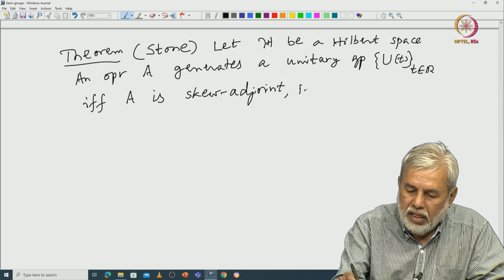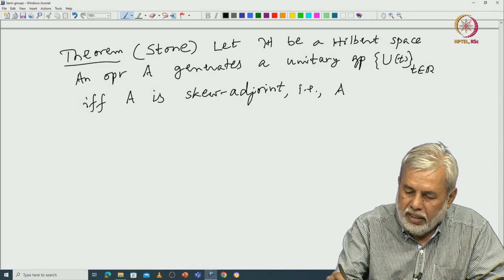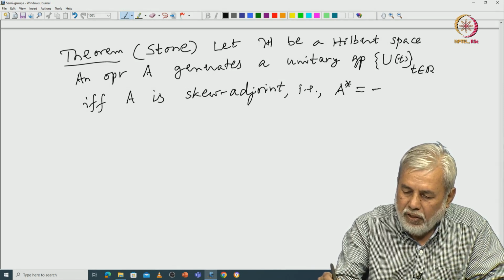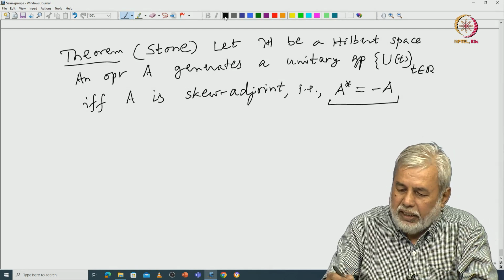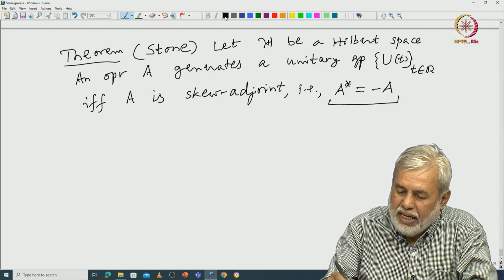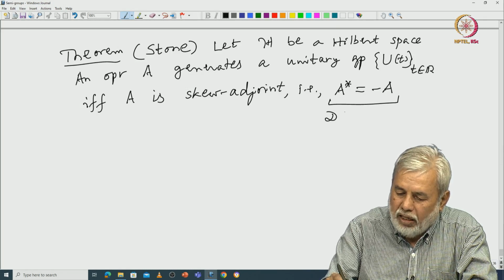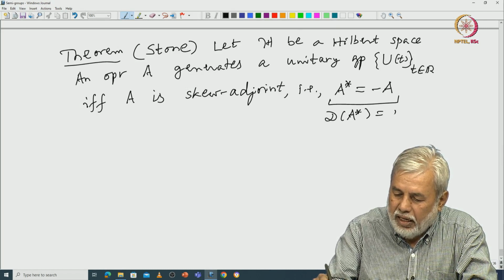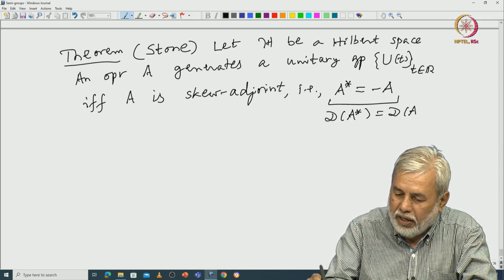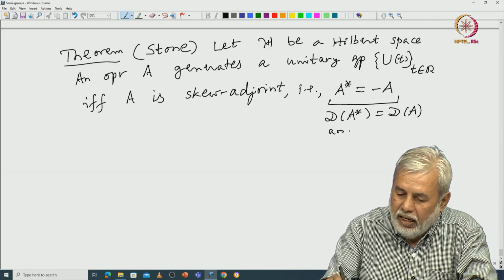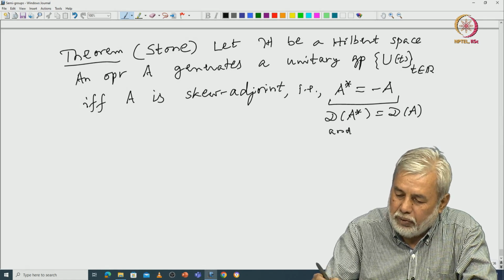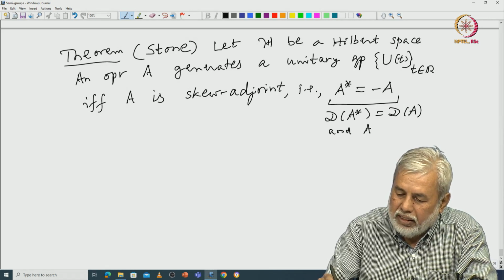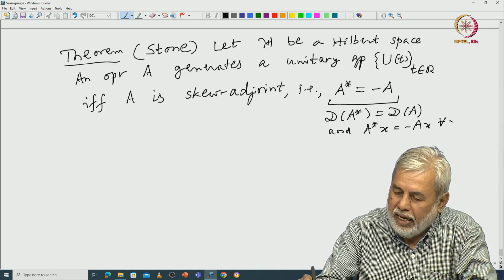That is, A star equals minus A. Just recall that this equality means D(A star), the domain of A star, is the same as D(A), the domain of A, and the domain of minus A is the domain of A. So, A star x is equal to minus Ax for all x in D(A).